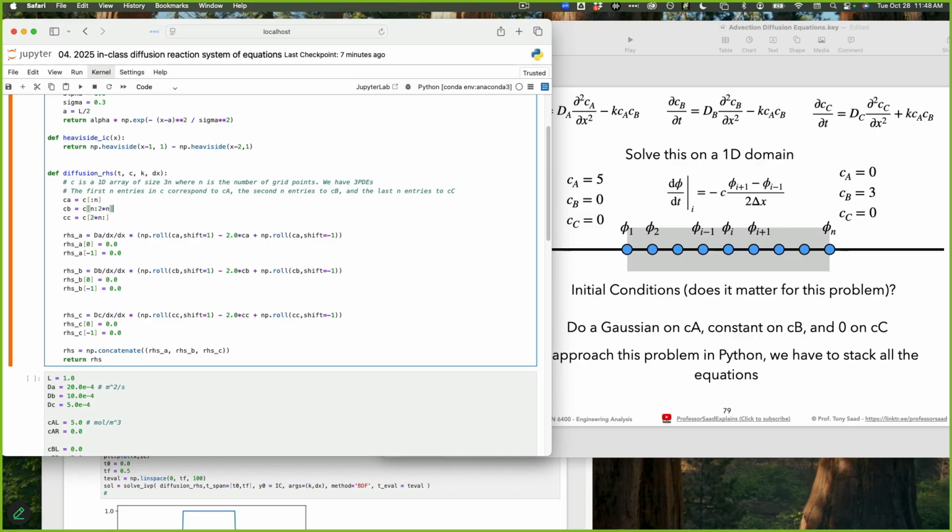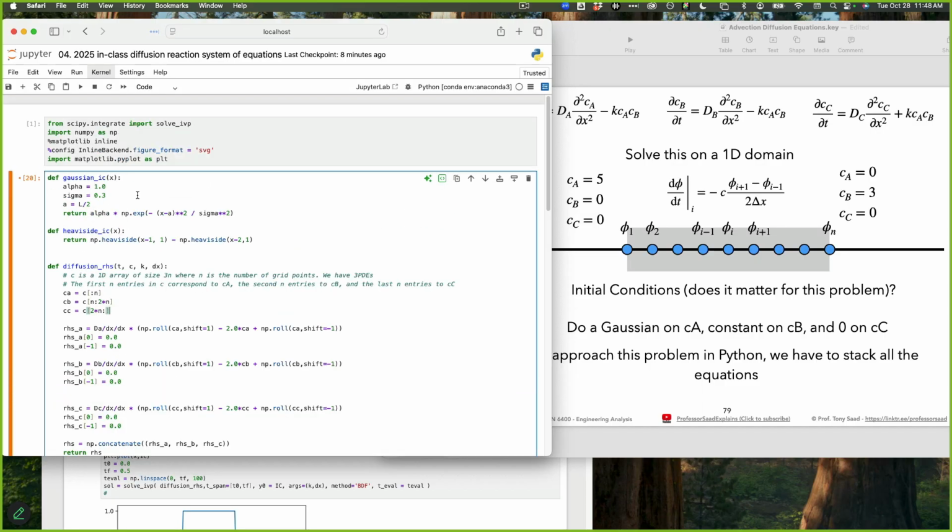Ideally, we would create a subroutine that we would call over and over again, right? So we don't have to worry about this. Okay, can I move on?